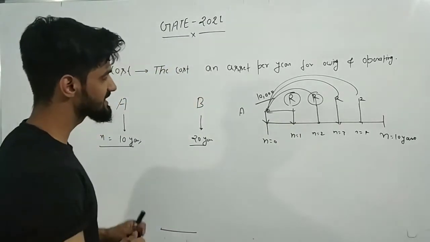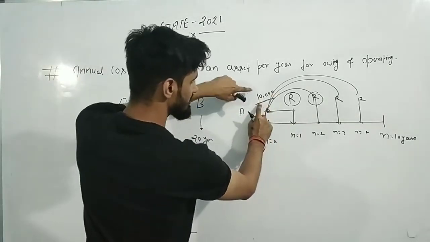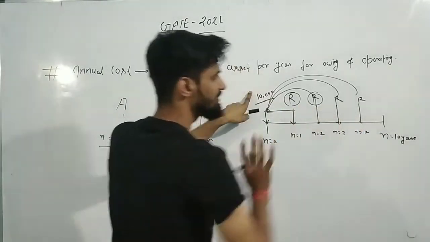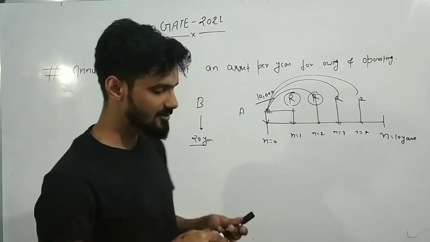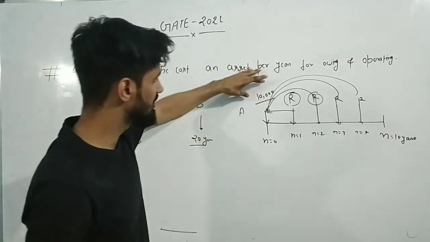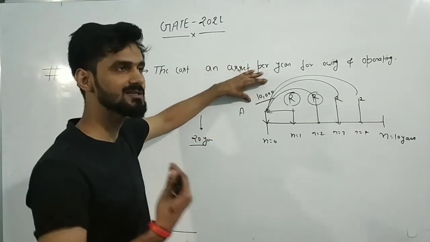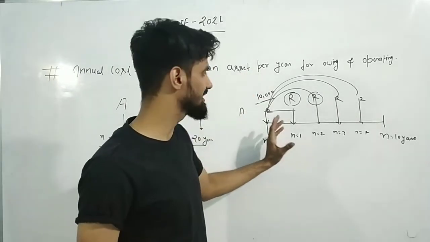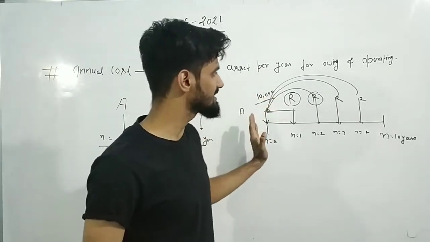You will see how this 10,000 rupees gets equalized or distributed into a series of payments. In the annualized cost method, the original amount of an asset is going to be in the form of cash flow in a series of payments.